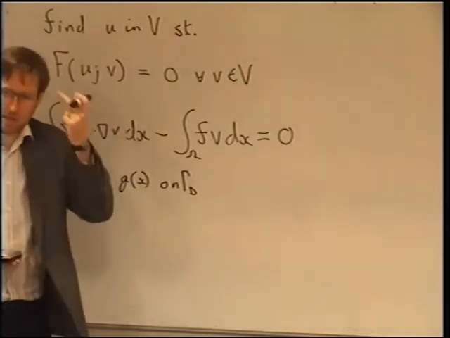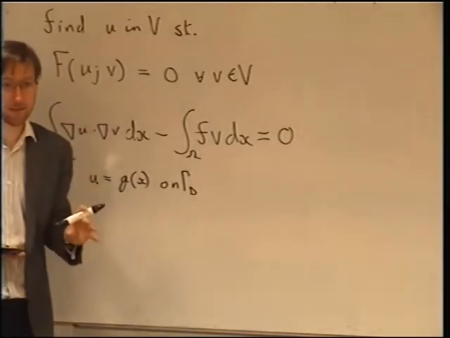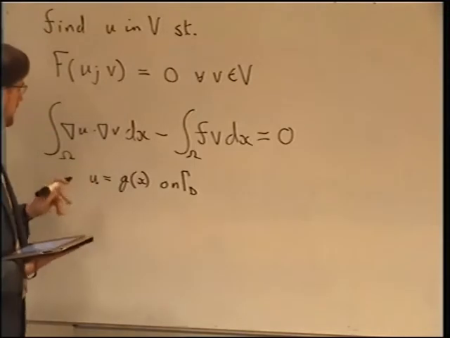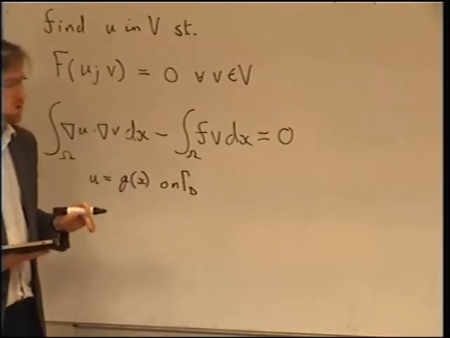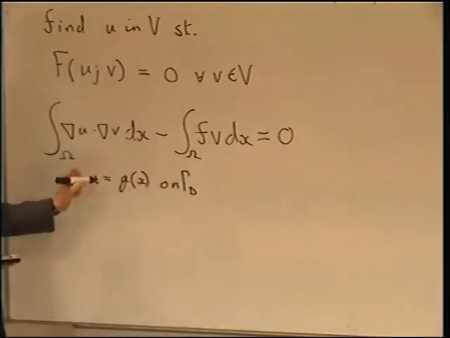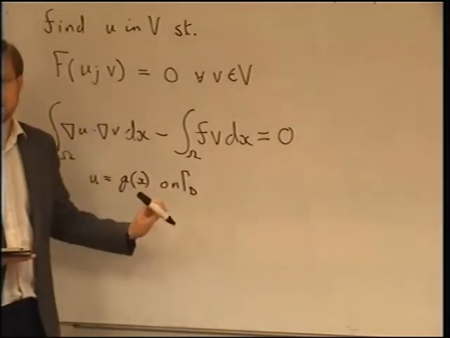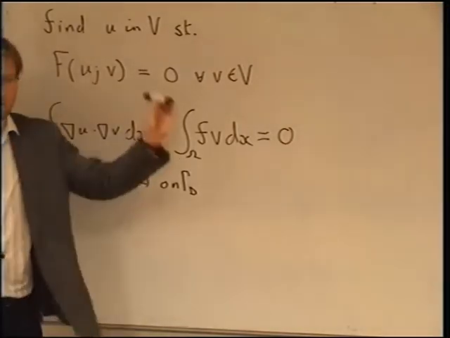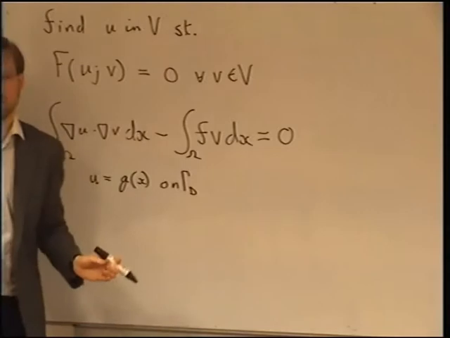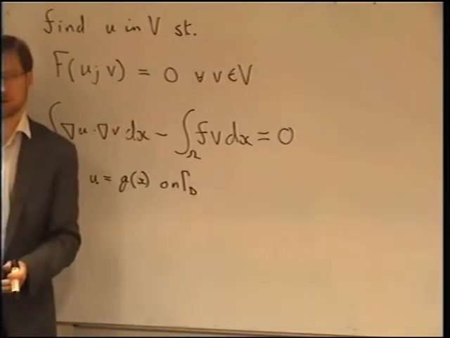It's a good mental model, but it doesn't matter which function space that is. So now what we've done is we've cut the world into two parts. We've cut it into the part which is on this part of the boundary, and there we don't want to search for a solution anymore, we want to say what it is. And the rest of the domain, where we do exactly as we did before, and we want to search for a solution.